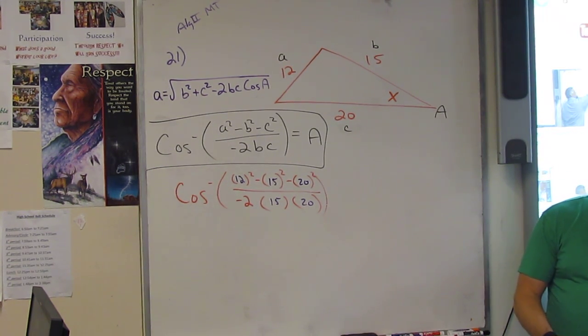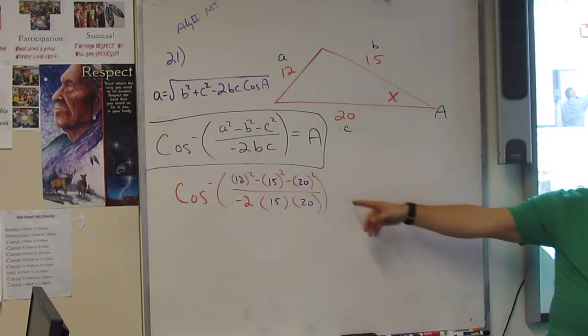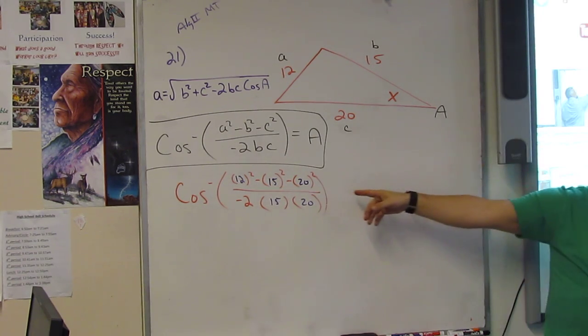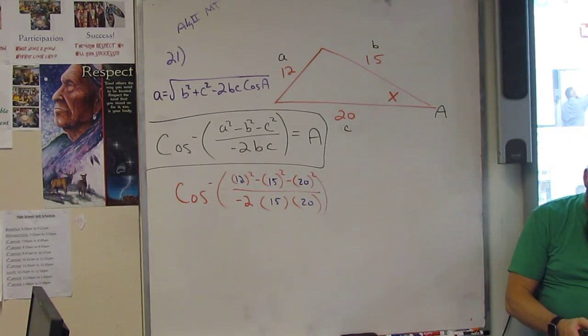So what I'm going to do is say, okay, I was teaching this to you the other day, right? I think that was the easiest way we did it, right? I figure out what this top number is first. Okay?